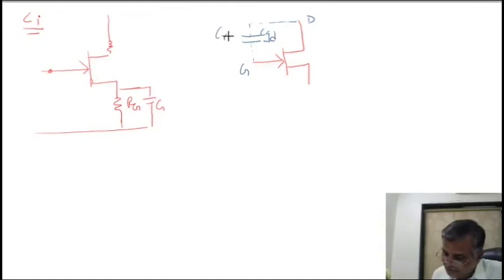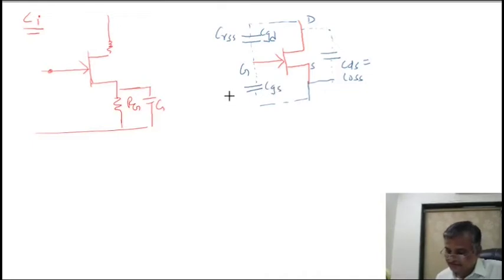It is called reverse capacitance also. The capacitance existing between the drain and source is called CDS, sometimes written COS in some books. The capacitance existing between gate and source is called CGS, and in some books they write CISS. Here I am writing CGS.